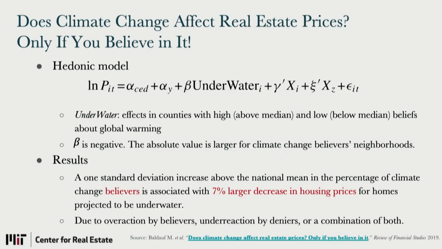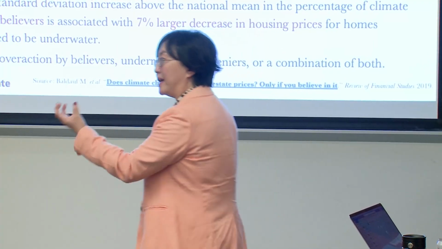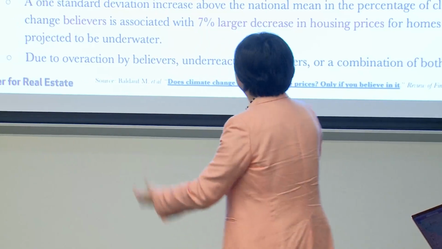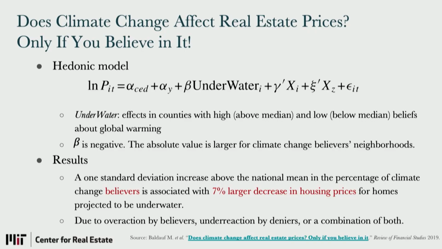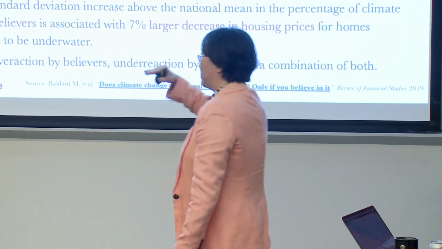Then this paper found a very interesting result. Beta is always negative. If you are in a flood zone, you have a discount. That's always. However, the size of the beta, the size of the discount, varies a lot. For those believers, as they call them, they have the map of the belief, then the median value of the belief.